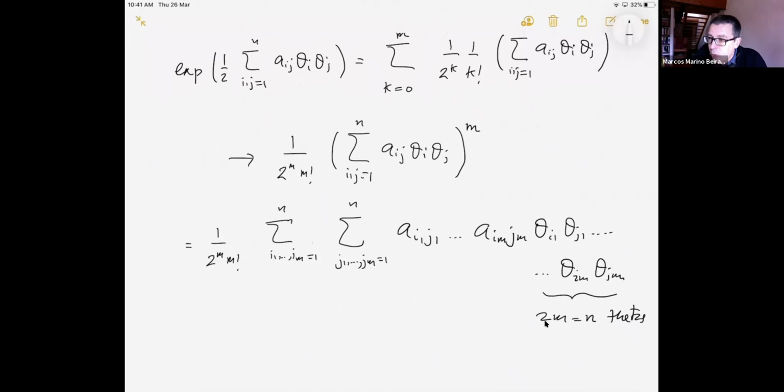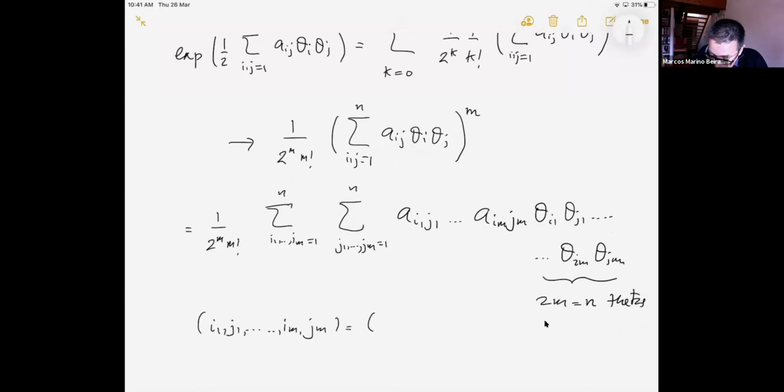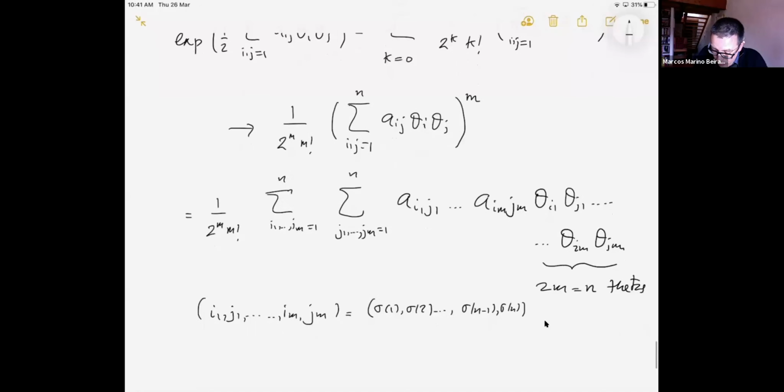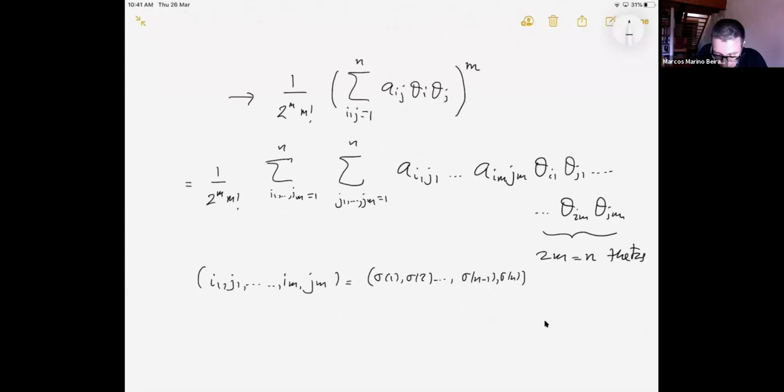So again, the way we proceed is as before: we think about i1, j1, ..., im, jm as a permutation of the n indices, sigma 1, sigma 2, ..., sigma n minus 1, sigma n. And all these sums, we will be able to write them as permutations here.